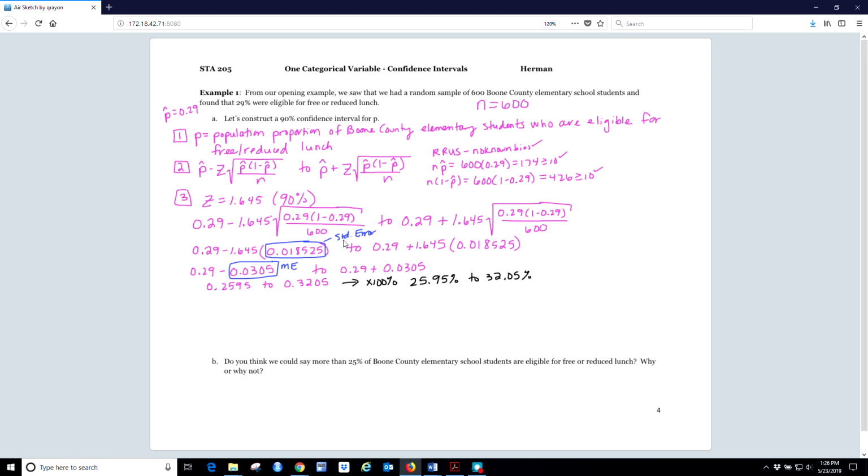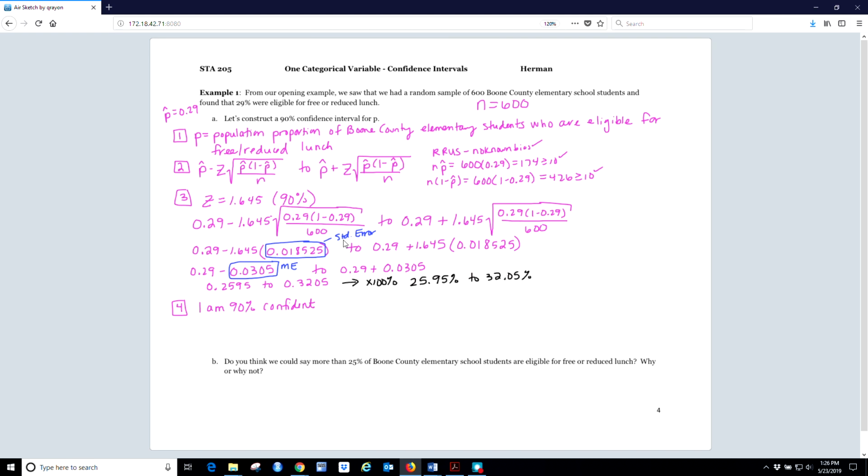Now it might feel a bit better to do the interpretation. How we're going to start our interpretation is with how confident we are. So I am going to say that I am 90% confident. This is very similar to us stating our alpha level when we do a hypothesis test.